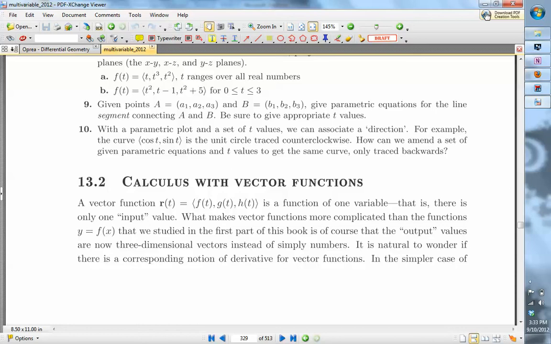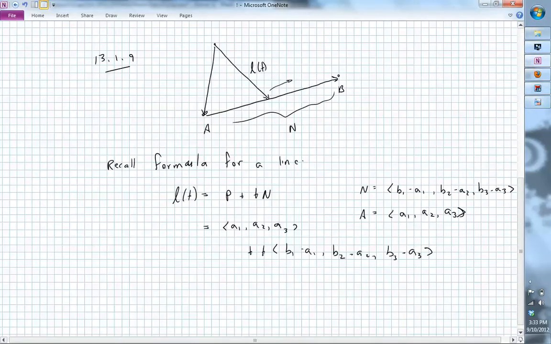We need to just give a range of values for t that's going to give you the finite segment, right? Just the segment. Can you figure out a range of t values that are going to start at A and end at B?